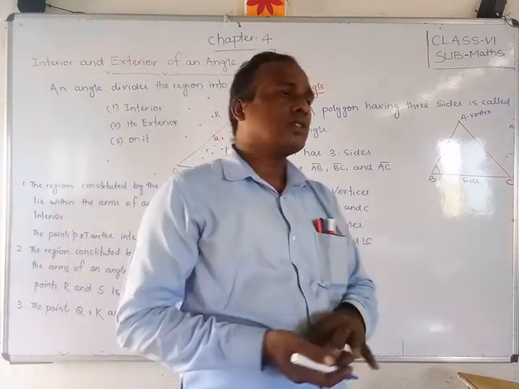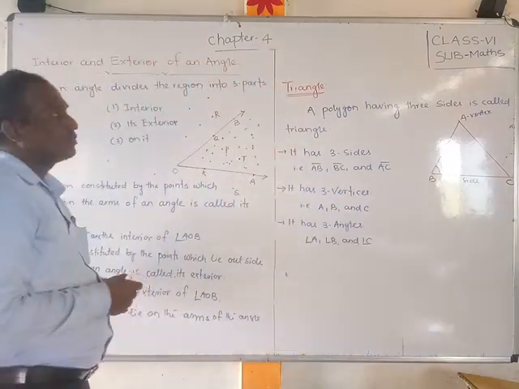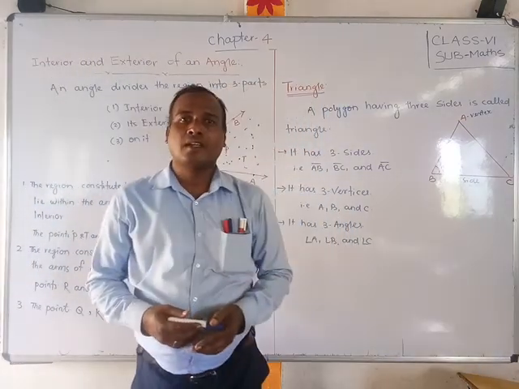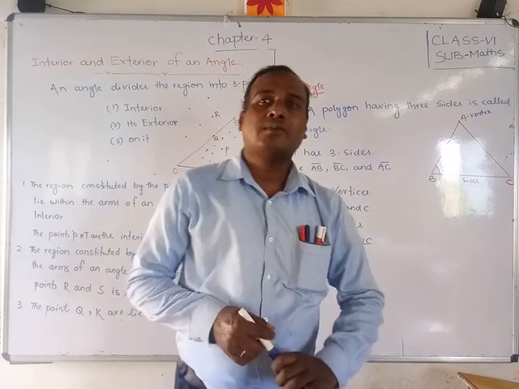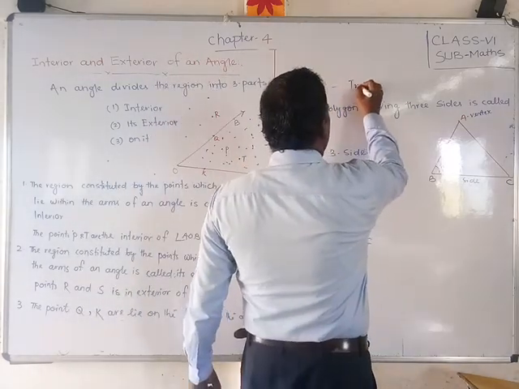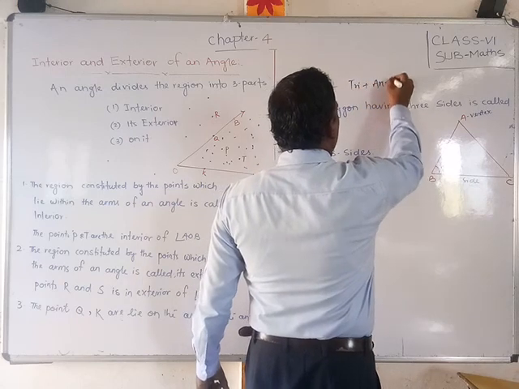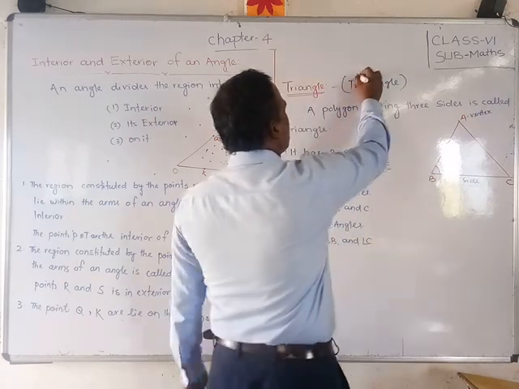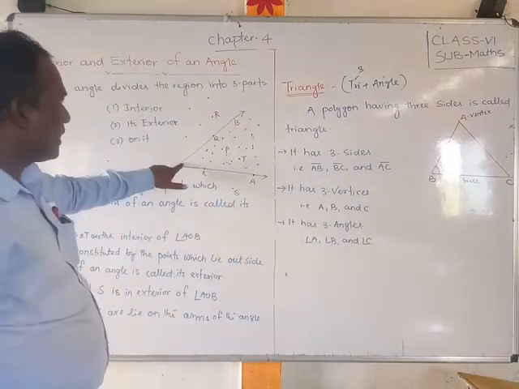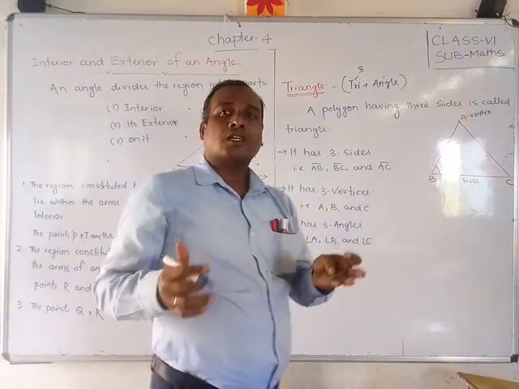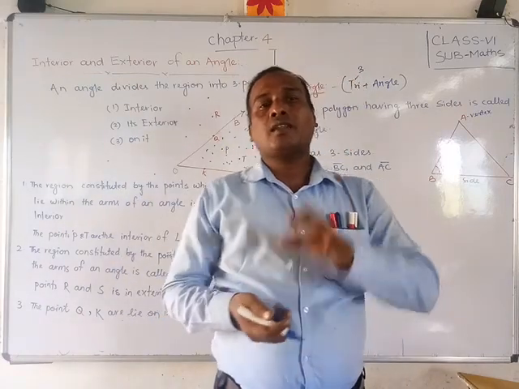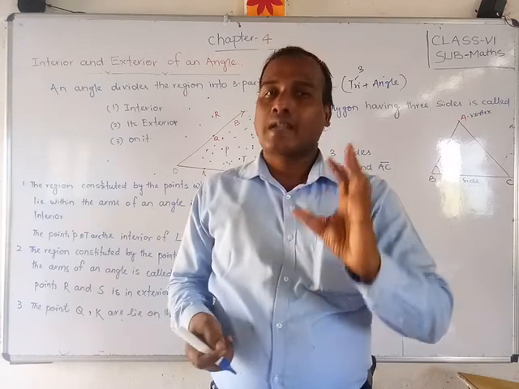Now we are going to discuss one geometry term, the triangle. What do you mean by triangle? Tri means three, plus angle, which we have already studied. So a figure that contains three angles is called a triangle.